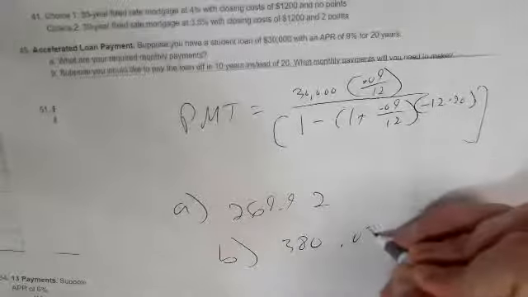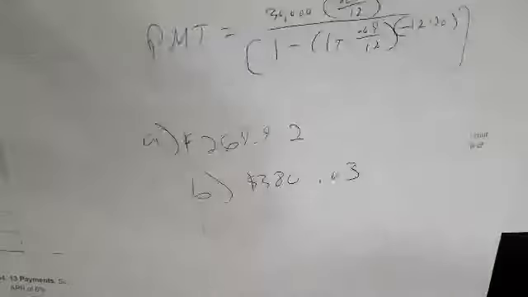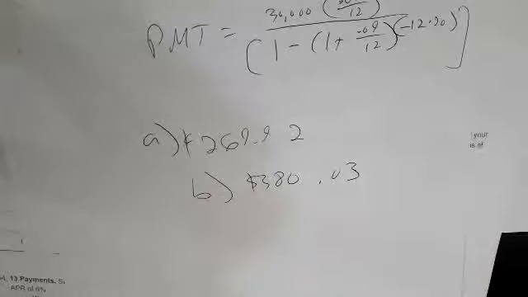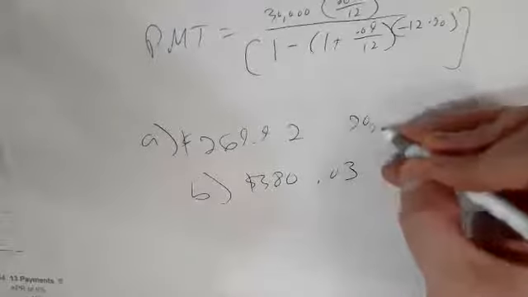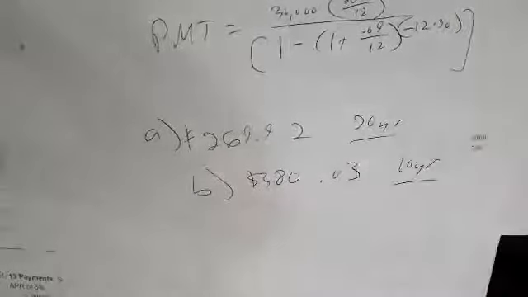This is what they're getting. This is kind of what I was saying, if we do it for 20 years versus 10 years, the 10 years is going to be more.